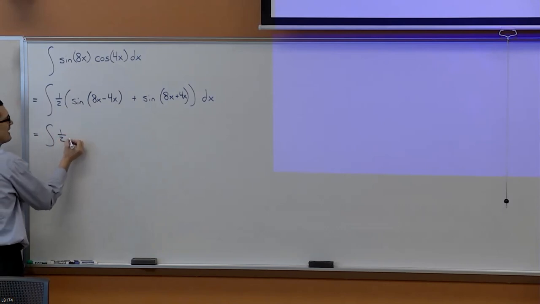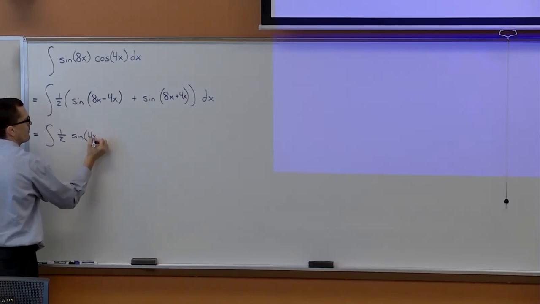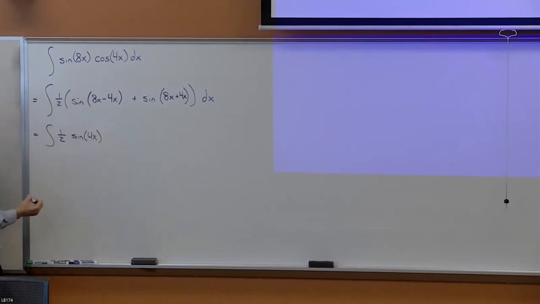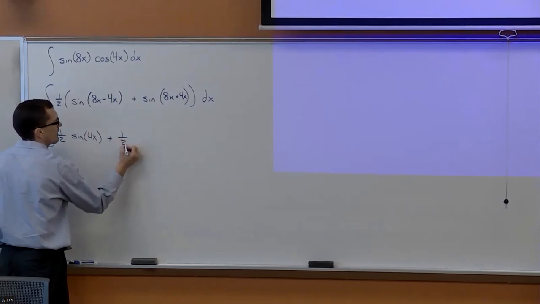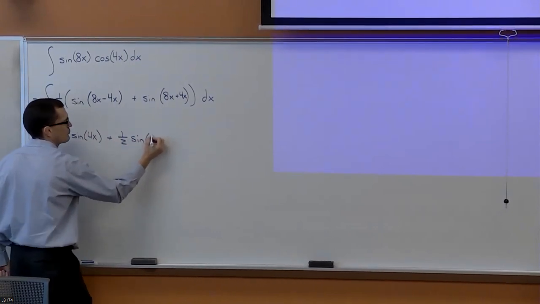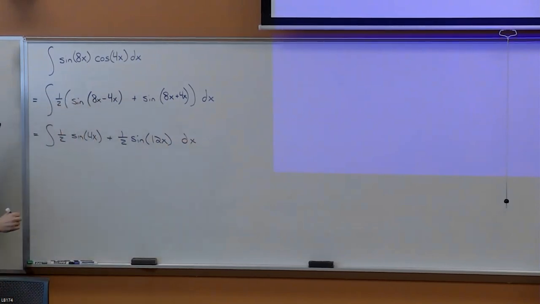So with that being said, we get 1/2 sine of positive 4x plus 1/2 sine of 12x, all integrated with respect to x. We utilize what we just utilized: the antiderivative of sine is negative cosine.